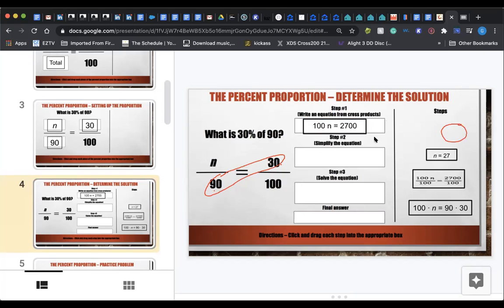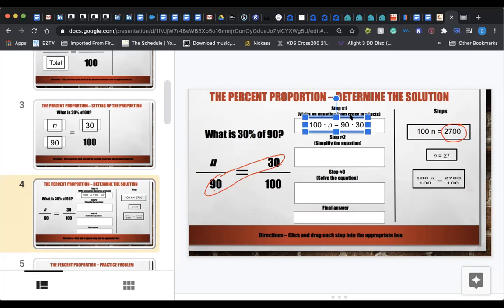Then I'm going to simplify my equation. I'm sorry, this is not the first step. Is it? Yes. This is the first step, right, an equation for my cross products. I'm going to simplify the equation. That's my next step. All right, 100 times n, and then 90 times 30.